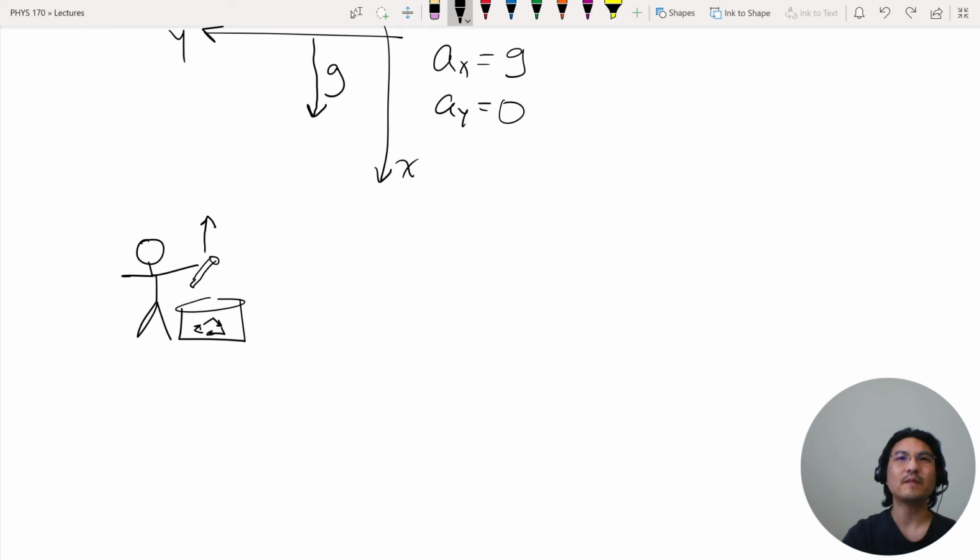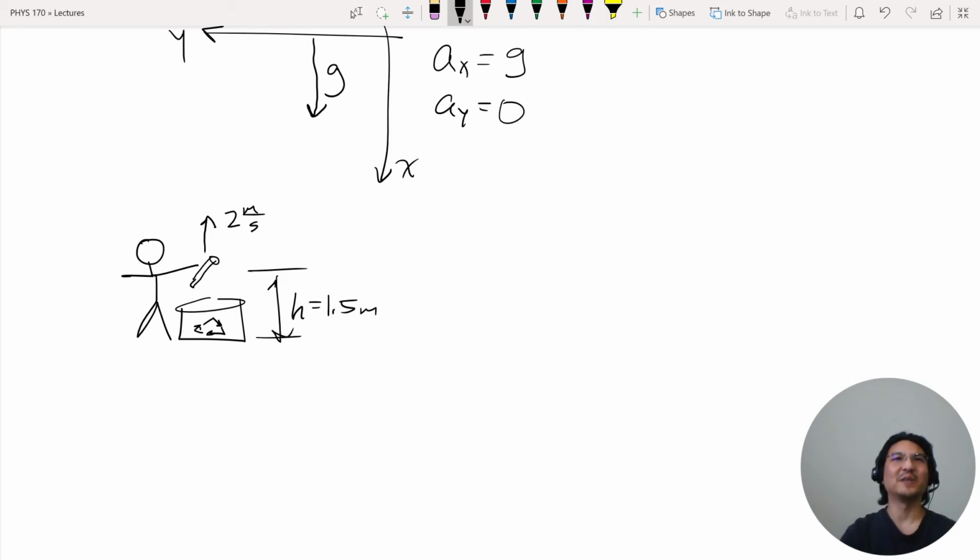So let's say I make up numbers, like this is given, like some height, 1.5 meters, and you throw the straw up in the air and it's going 2 meters per second. Okay, some questions.